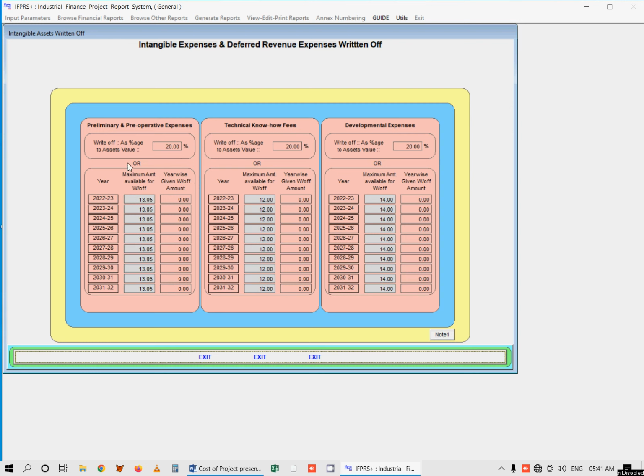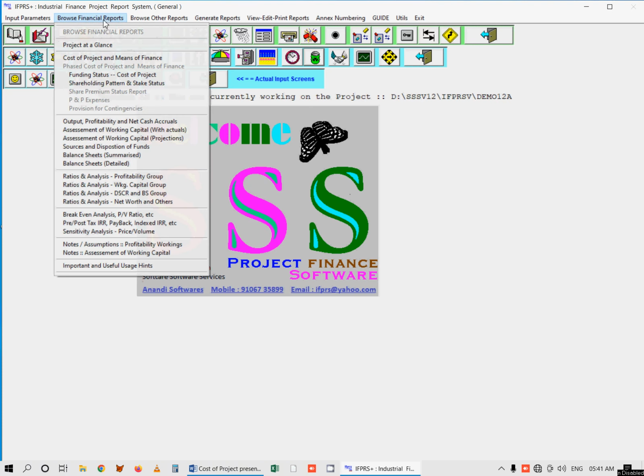As for all the 3 above, it would be fully inbuilt and is set for the following calculations. A. Amount to be written off for each year separately. B. Carry forward balance to be carried over to balance sheet.